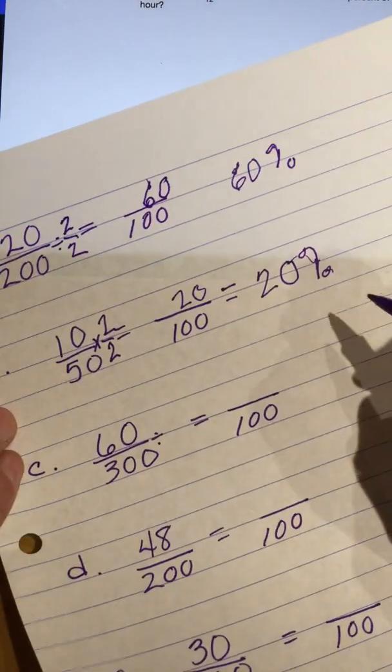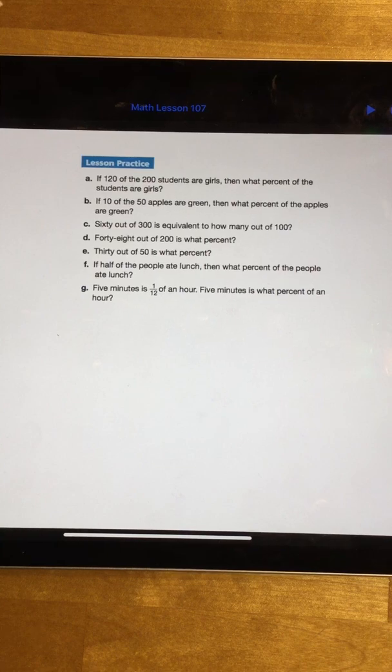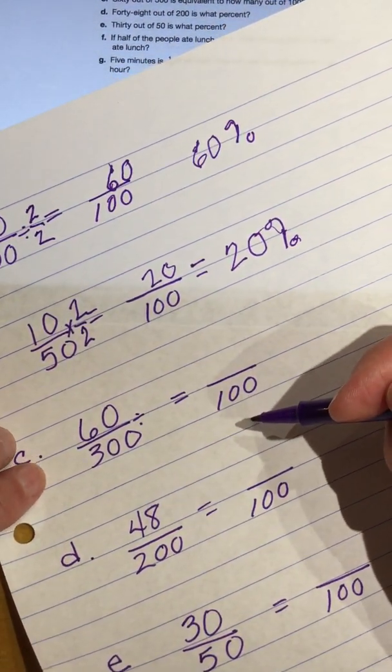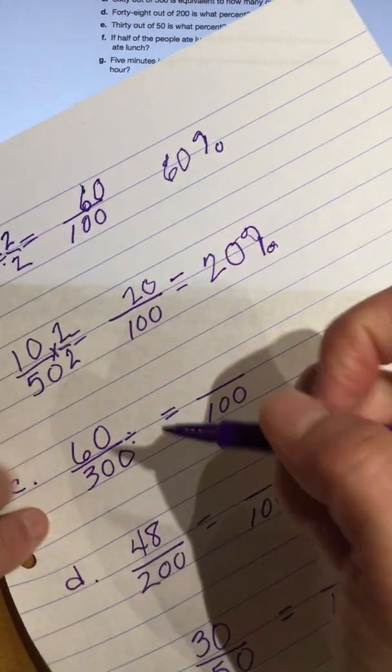All right, now my next question is 60 out of 300 is equivalent to how many out of 100? So here we go again. I got another large denominator, right? So I need to divide both of these.